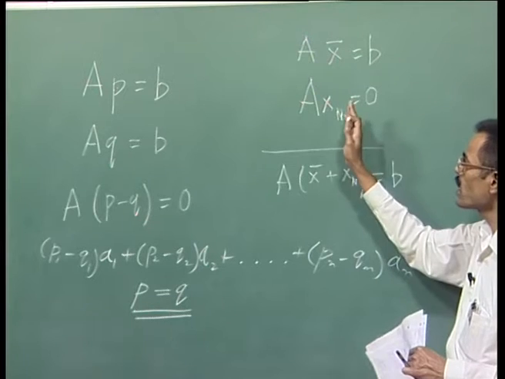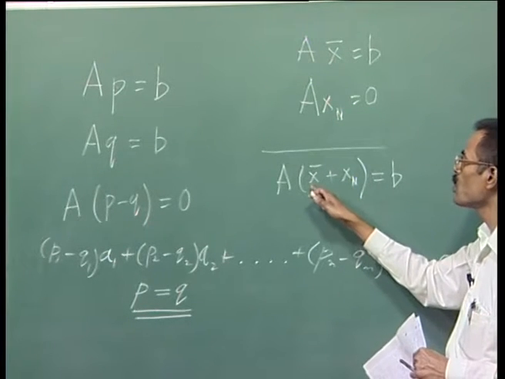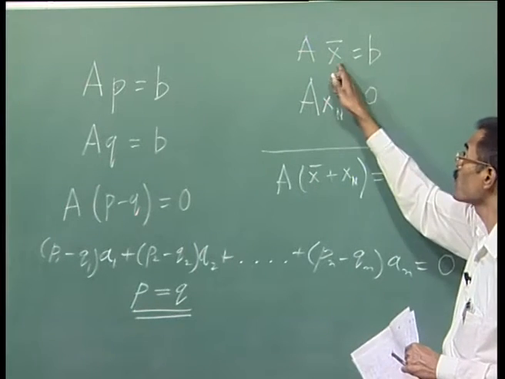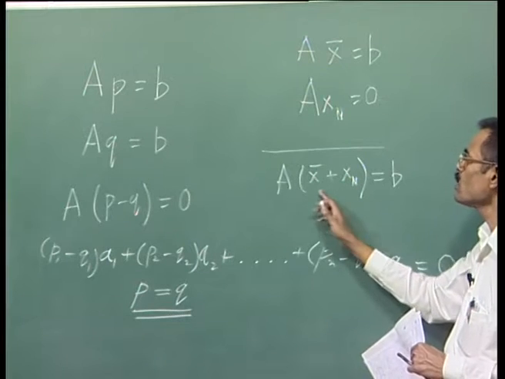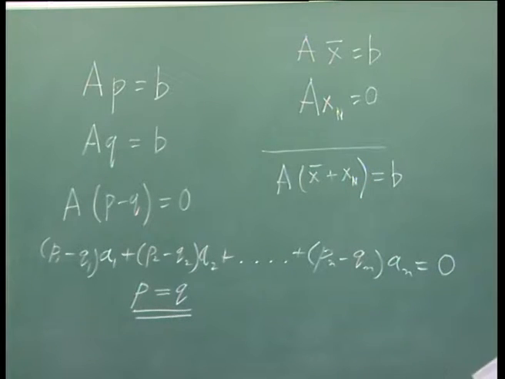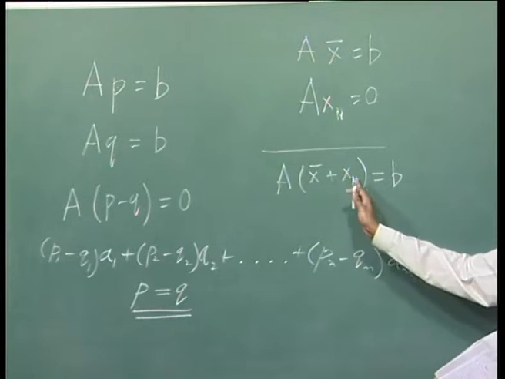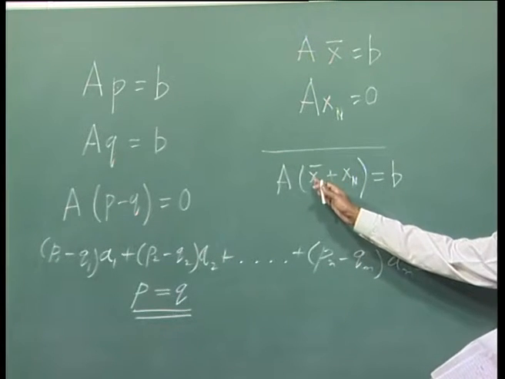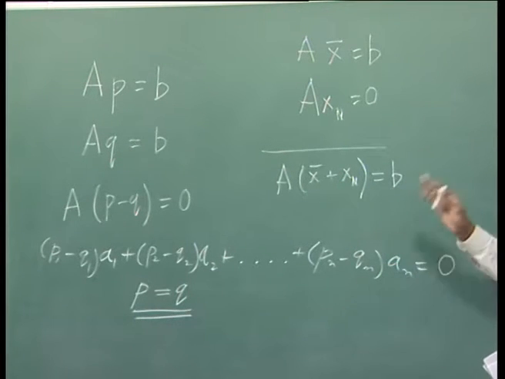That means, for every member of the null space x n, if we add that to a solution of the original system, then this sum is also going to be a solution of the original system. And since the null space has infinite members, so adding any of them will get yet another solution. So, that will characterize the complete solution of the linear system A x equal to b.